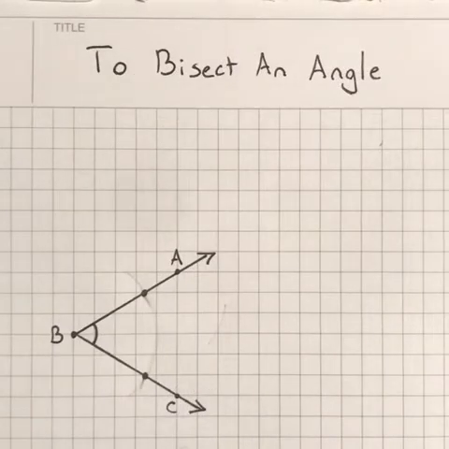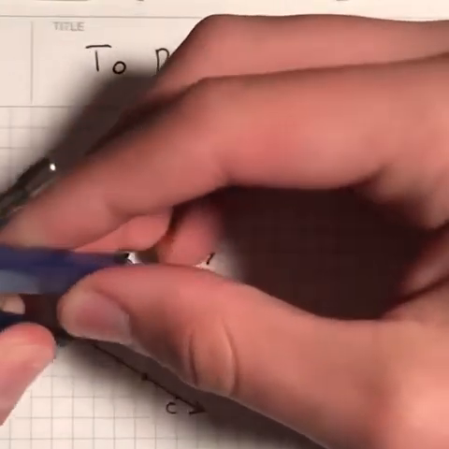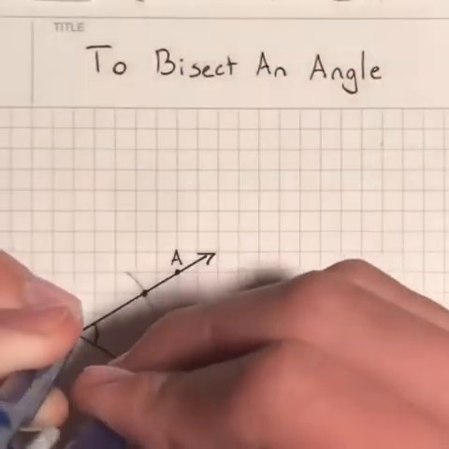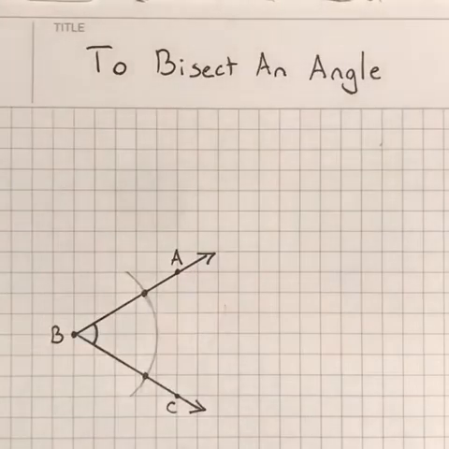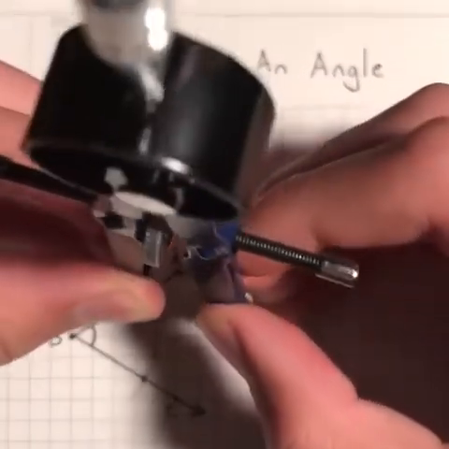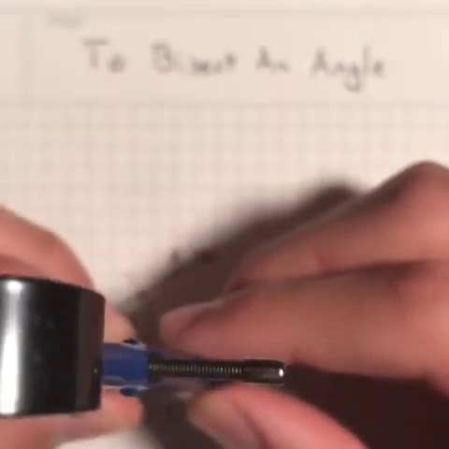To bisect an angle, begin by centering your compass at the vertex of your angle, and draw an arc that intersects between both rays. Mark the points where they intersect. Then proceed to draw 2 more arcs with equal radii that intersect at one point inside of your angle.